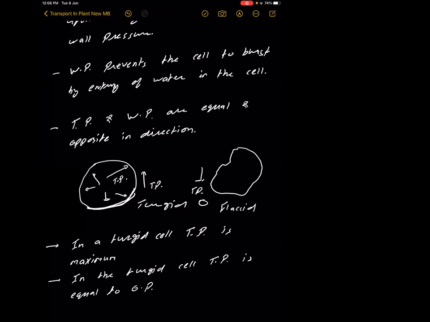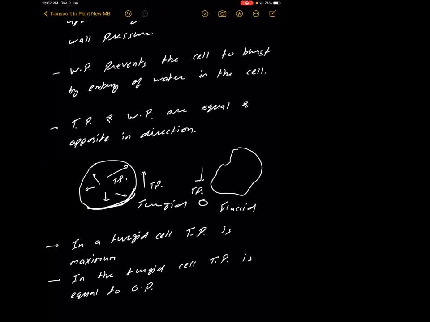It shows the absorption power of the cell, absorption of water. So it becomes equal to turgor pressure. It means there is no chance of entry of water in the turgid cell. Now the molecules of water cannot enter.